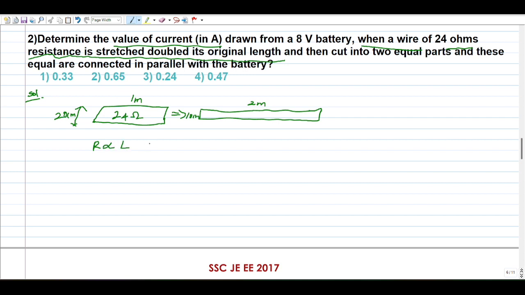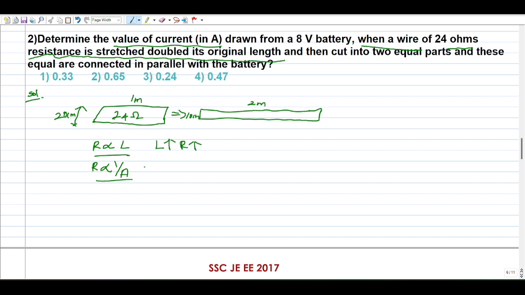That is, when the length increases, resistance also increases. Similarly, resistance is inversely proportional to the area. These are the two concepts. Now after stretching this, the area is reduced and the length is increased.